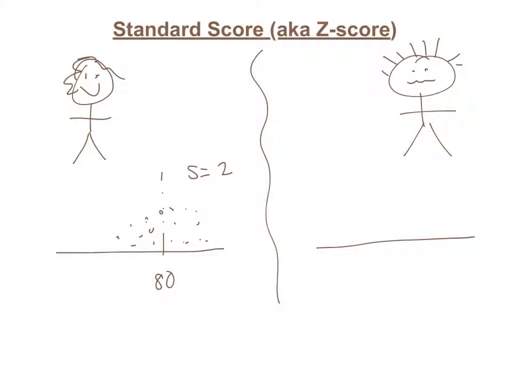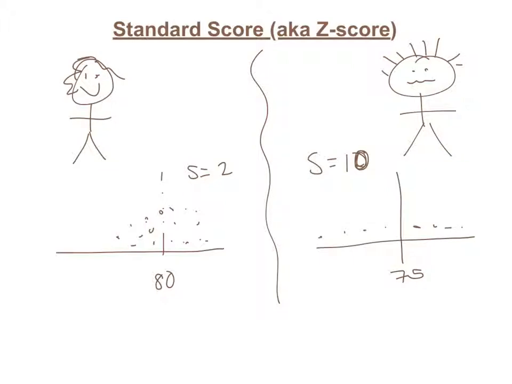Well, this teacher had a mean of 75, and a pretty big standard deviation, a standard deviation of 10. Pretty large for an exam. So, well, maybe not that large for an exam, but larger than 2 for certain.